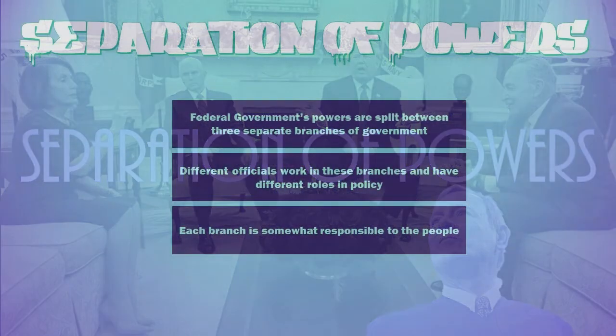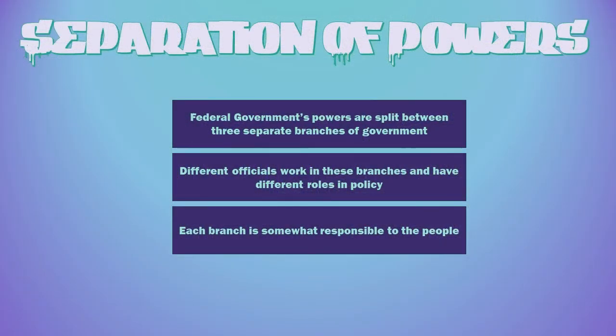So when I say that there's a separation of powers, what I mean is that the national government's powers are divided between three different branches of government. Not only are the powers divided, but different people work in those branches and they have different roles in our policy-making process. So a person cannot be the president and a member of the court at the same time.